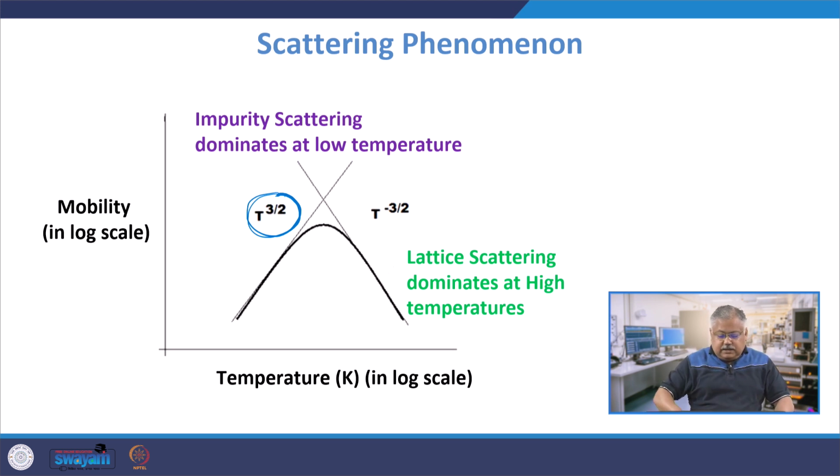Then there is a critical turnover point in the temperature scale, beyond which, as the temperature increases, the mobility starts to decrease. Initially we should understand why this happens, why there is an increase initially and then a decrease in mobility. It seems therefore that if you want the best mobility, it is advisable to keep the temperature somewhere in this region of operation.